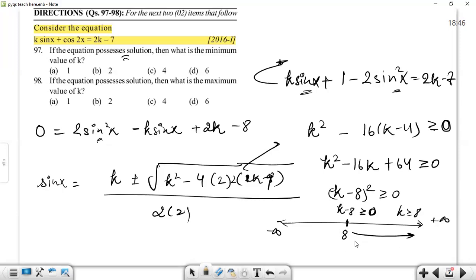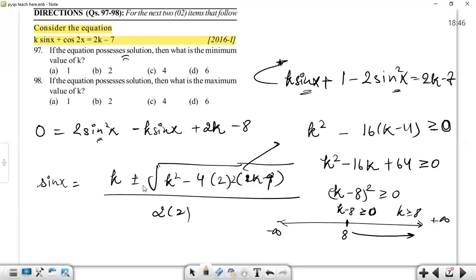So what is the minimum value of k? The options are 2, 4, 6. But here we are having 8 as our minimum value, and we also have to find the maximum value. So let's see if we have made any mistake or not.